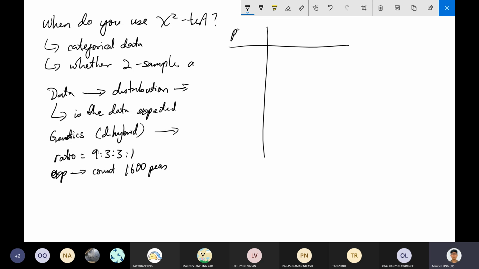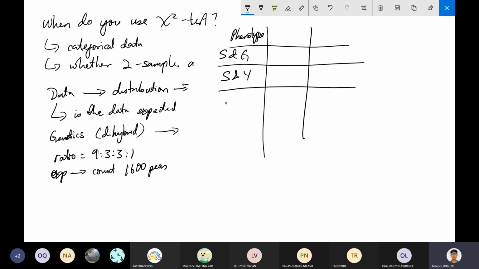So this is your phenotype. Your phenotype will be smooth and green, smooth and yellow, rough and green, rough and yellow.